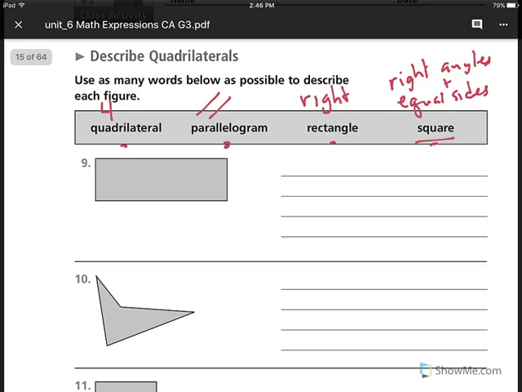Okay, so take a look at this one. I see it has 4 sides, so it is a, well, you can pause this now and go ahead and see if you can try to label them, or you can just continue with me. So this is a quadrilateral. The sides could continue and not touch each other forever, so that means it is a parallelogram.